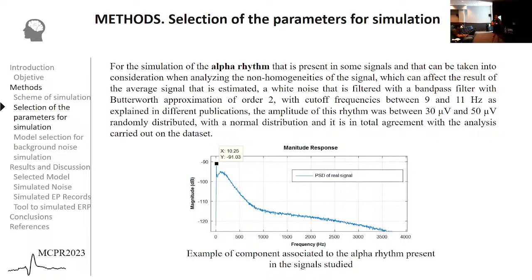As applied in different publications, the amplitude for this was between 30 microvolts and 50 microvolts, randomly distributed with a normal distribution, and it is in total agreement with the analysis carried out of the data set. The figure shows, for example, the component associated with alpha hit presented in the signals studied.